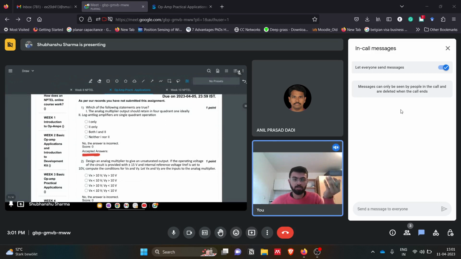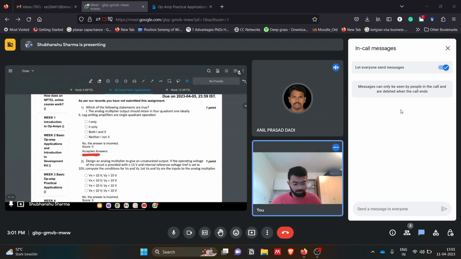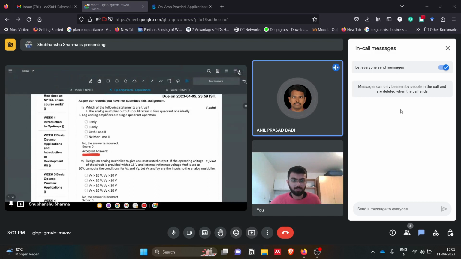If it is four quadrant, then it can work with any signal, whether it has positive polarity or negative, or even only positive, so it can work in every way possible. Yeah, I thought that it can be in any of the quadrants, either quadrant 1 or quadrant 2, 3 or 4. That is why I thought that it is wrong, sir.